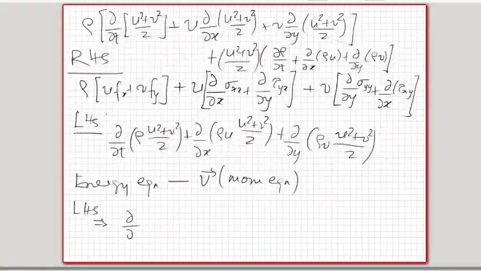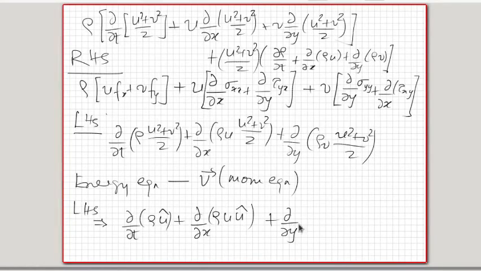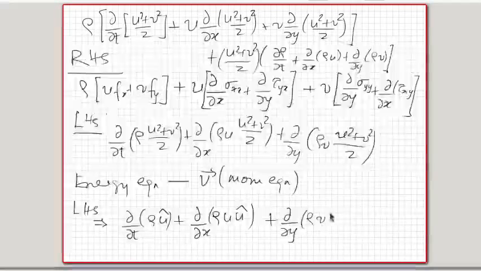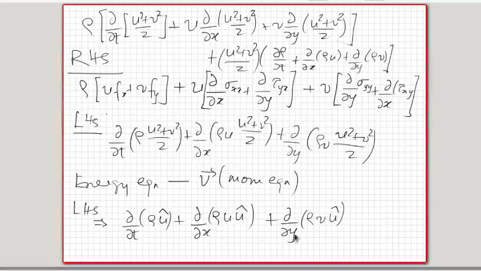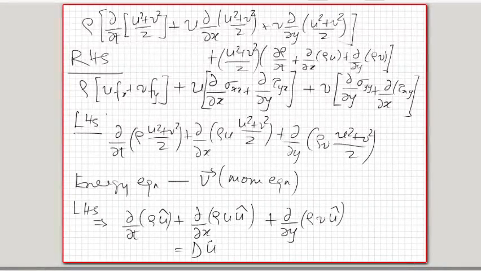del by del t of rho U plus del by del x of rho U U plus del by del y of rho V U, which I can actually call as rho times dU by dt.